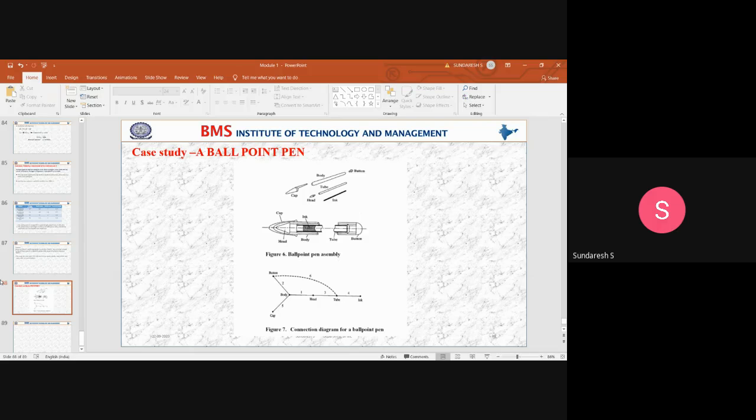Anything to add, Sandesh? That's all. Is there any other means by which we can reduce the cost of the pen? No, sir. By the design aspect, that's all, sir. Marketing and all.